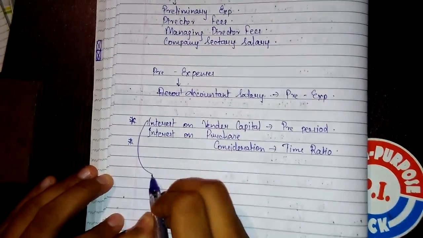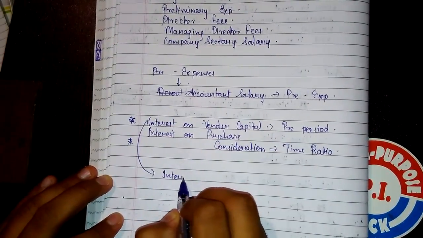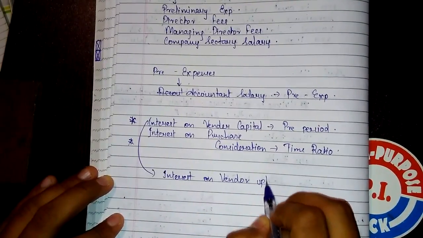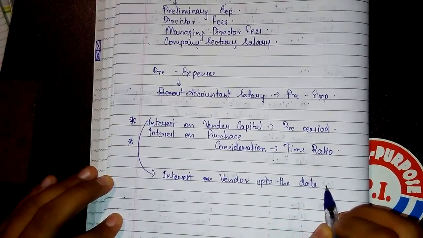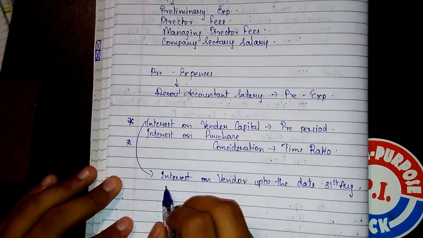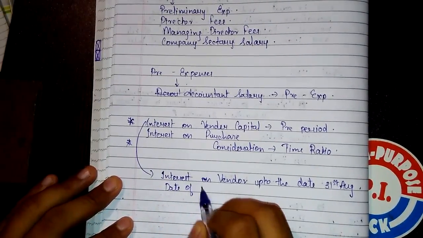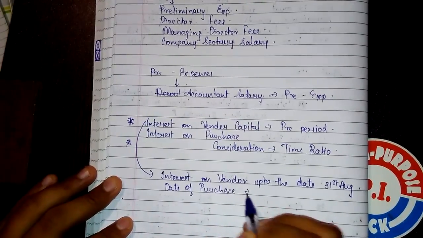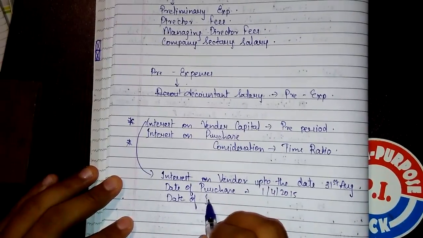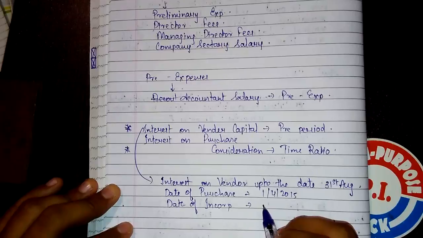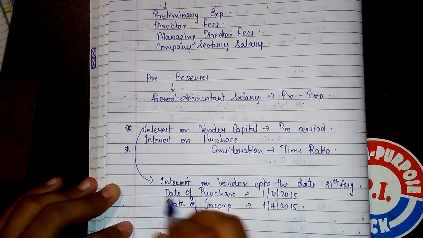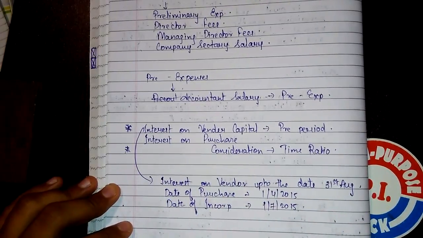But for interest on vendor, suppose it is given like this: interest on vendor up to, say, 31st August, but the date of purchase is, say, 1/4/2015, and the date of incorporation is, say, 1/7/2015. Then the entire interest on vendor capital will not be transferred to the pre period.